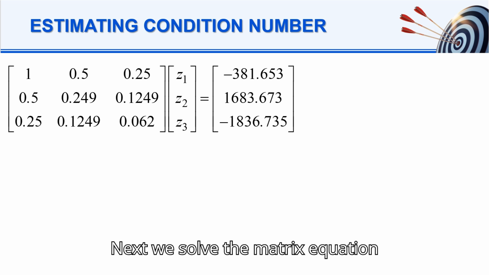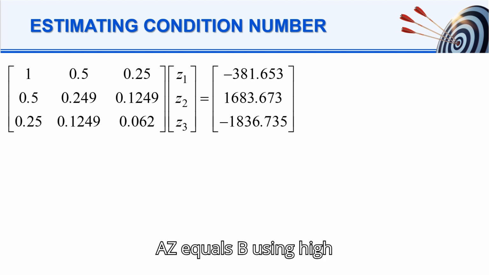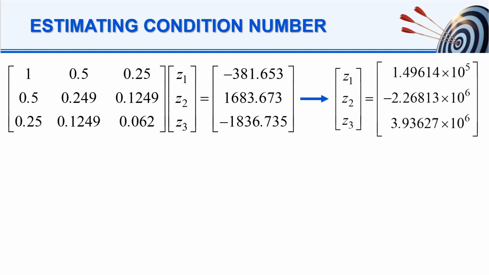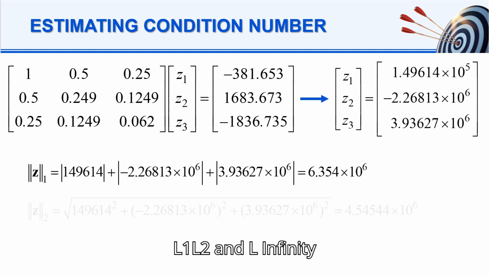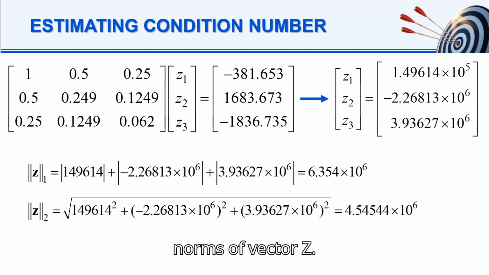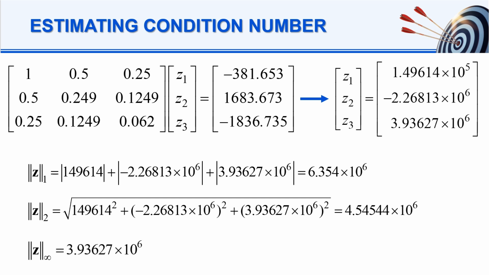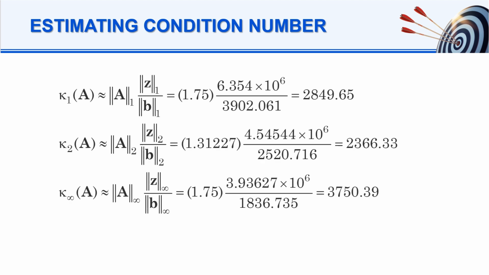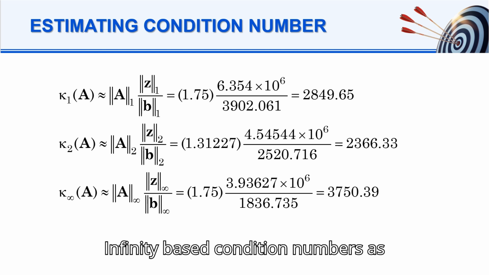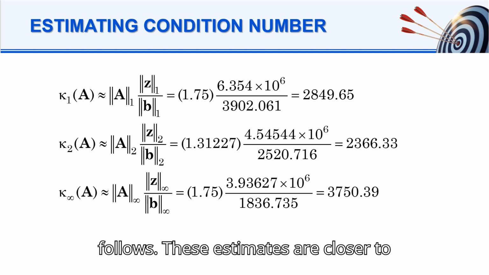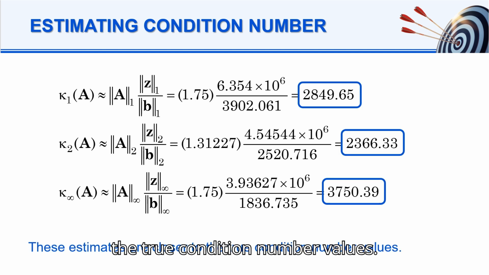Next, we solve the matrix equation AZ equals B using high-precision computation. Likewise, we calculate L1, L2, and L infinity norms of vector Z. Now we obtain 1, 2, and infinity-based condition numbers as follows. These estimates are closer to the true condition number values.